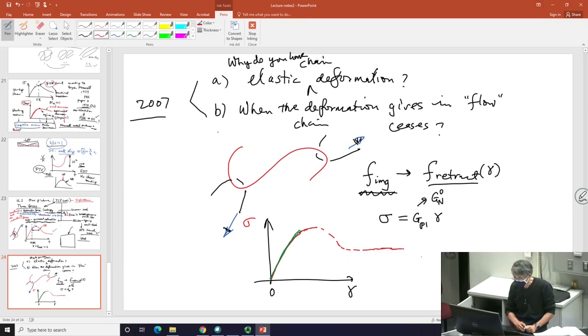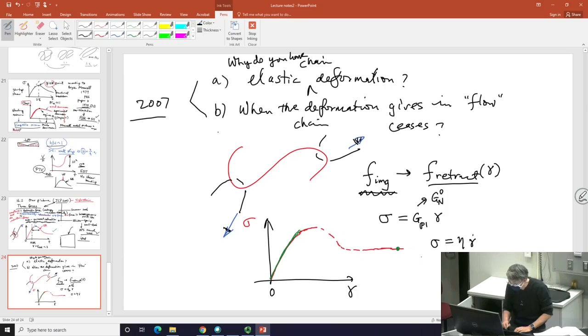So pretend I have steady state here, which I do. At some long times, I will reach some large strain, I will reach steady state. So how do you write that steady state? Well, of course, you write it as sigma equals eta gamma dot, in steady state, of course.